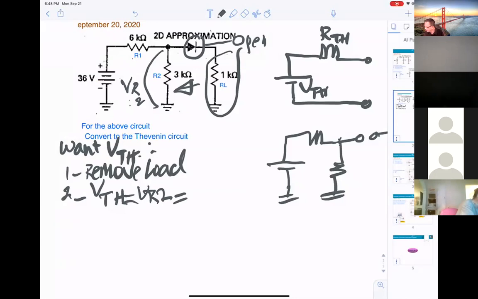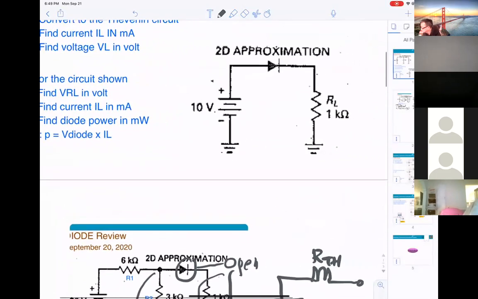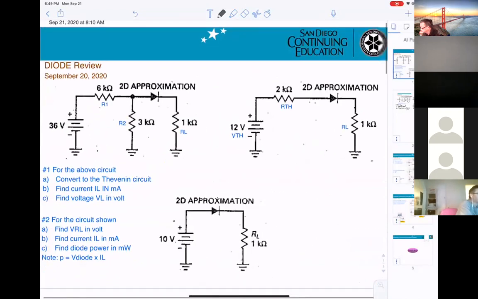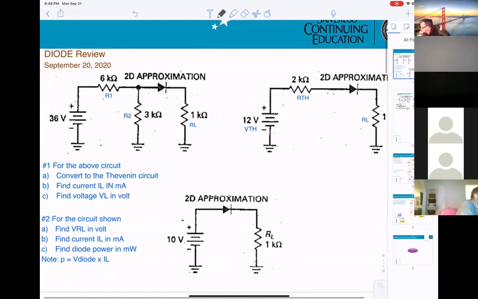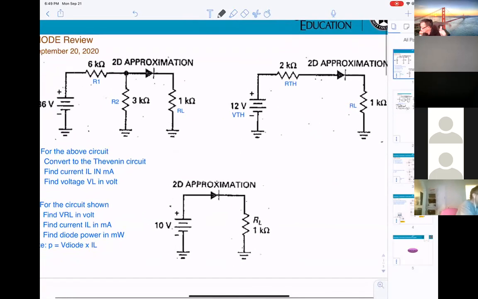So you can take 36 times 3K divide 6 plus 3. So that will be 12 volts.